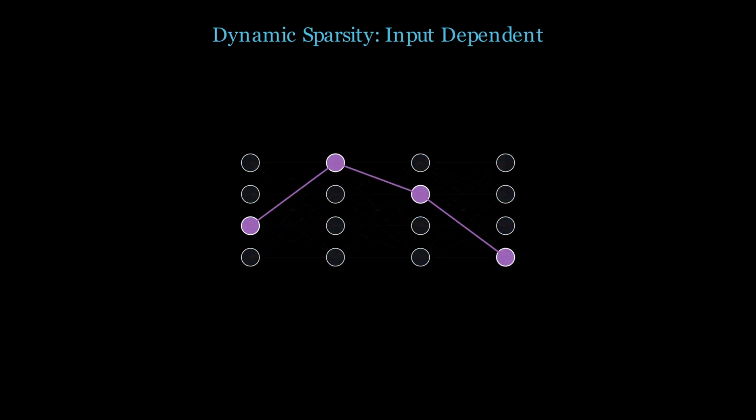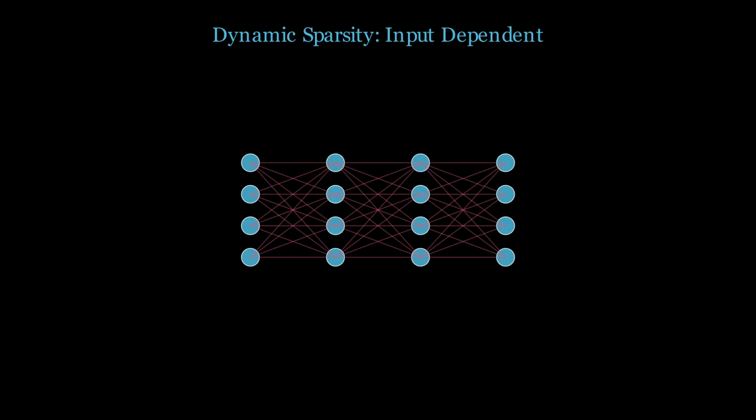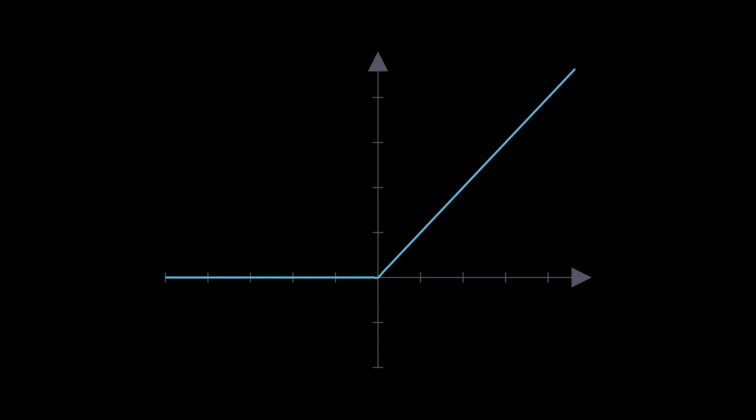But teaching a differentiable neural network to make discrete choices is mathematically tricky. To do it, we have to rethink the very geometry of how neural networks make decisions. Dynamic sparsity in neural networks often begins with a very familiar function, the rectified linear unit, or ReLU.